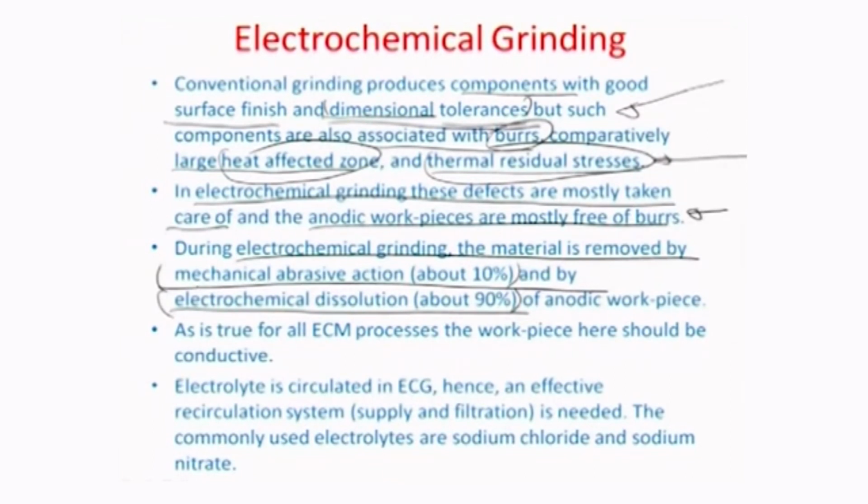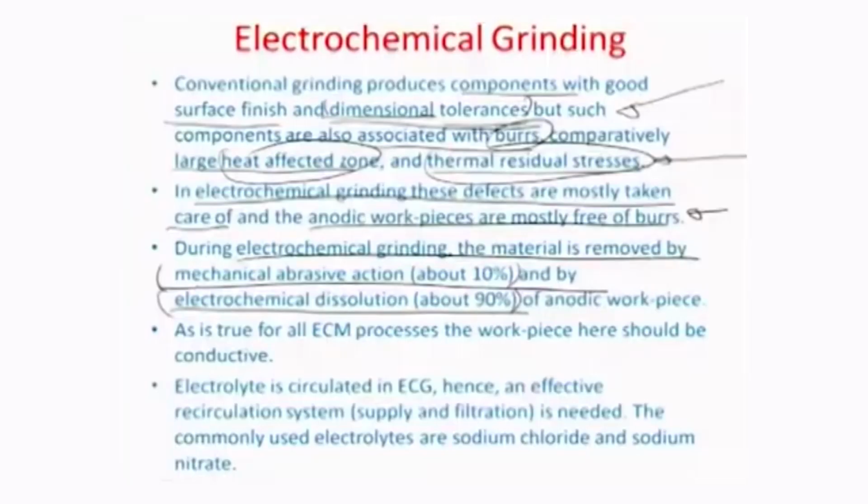So one has to design the tool system in a manner so that the dissolution is at such a rate that it removes 90% of the work material at a very high rate. And by the time some mechanical abrasion action starts taking place, already a lot of material has been dissolved away. So that's how you have to design the ECG, or the electrochemical grinding process.